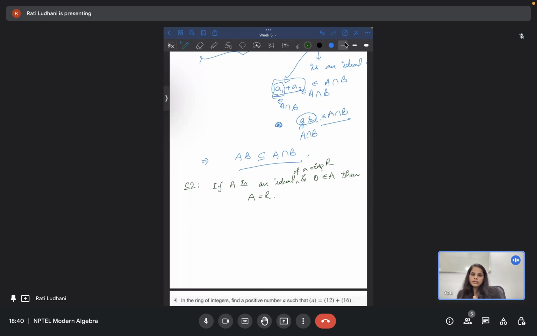It is saying A is an ideal and 0 belongs to A, then A is equal to R.